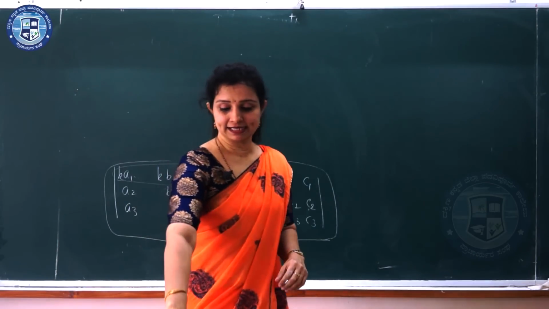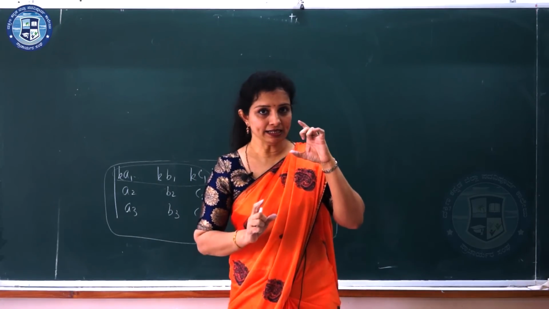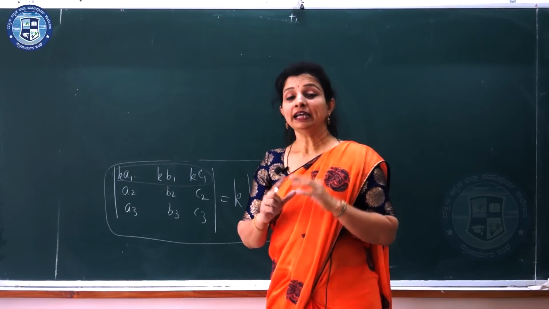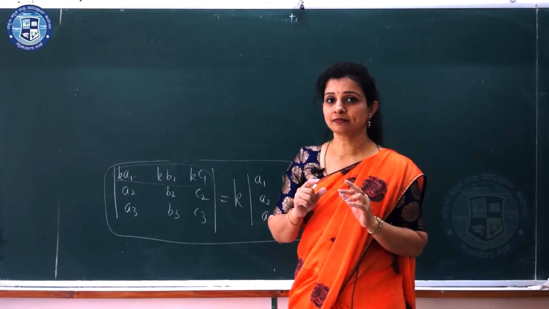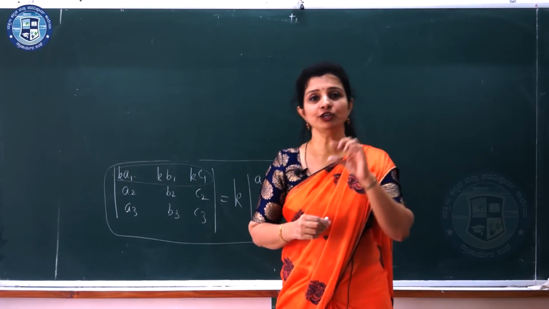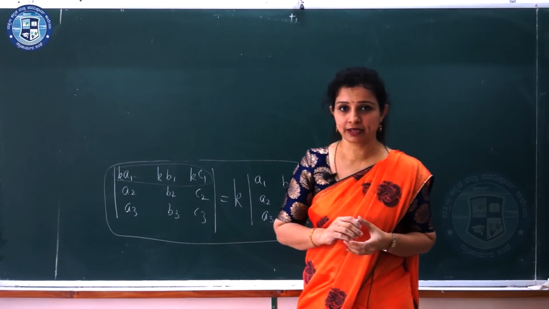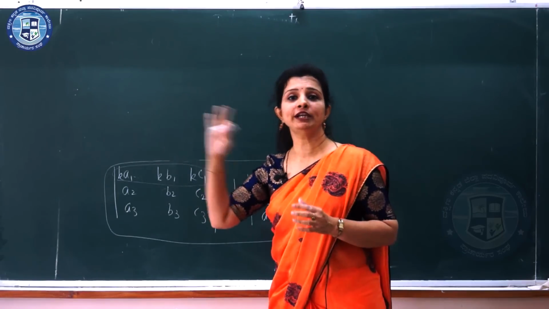Fifth property states, if the given determinant is in such a way that each element of any row or column is the sum of 2 terms, then the value of the determinant is the sum of 2 determinants.